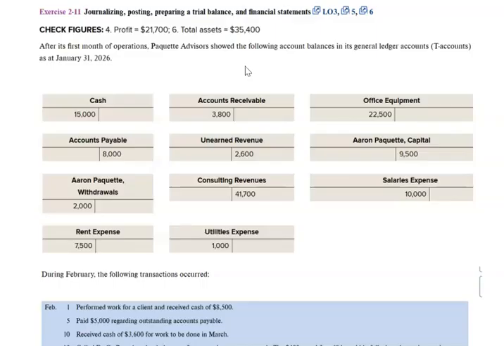If you had 15,000 at the end of last month, then you're going to have 15,000 at the beginning of this month. And then depending on what happens, you're going to include that 15,000. Okay, so that's where I'd start. And also you can add the account number next to it. Just again, get used to using proper account numbers.